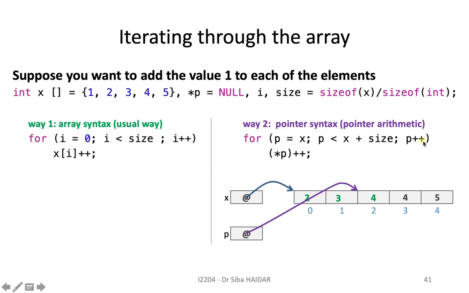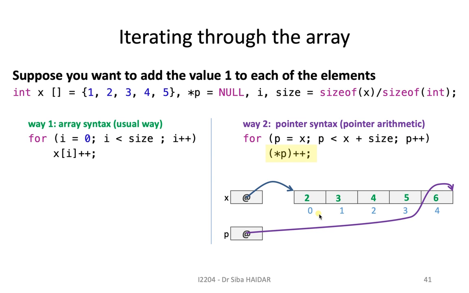So here (*p)++ and p++. And so on until p reaches the end of the array, in which case the condition is not true anymore and we exit the loop.